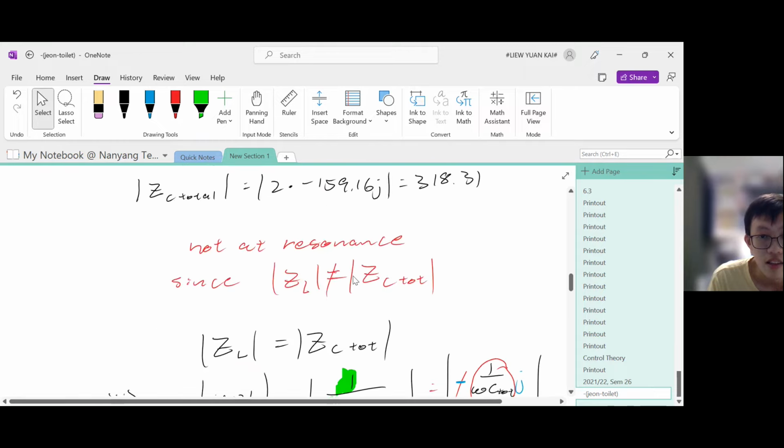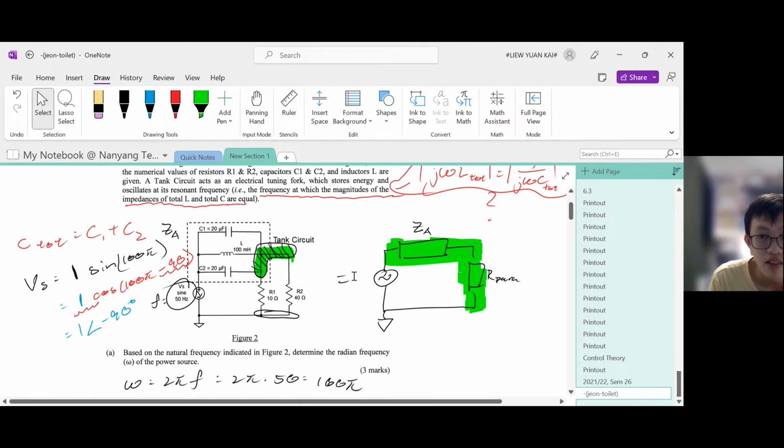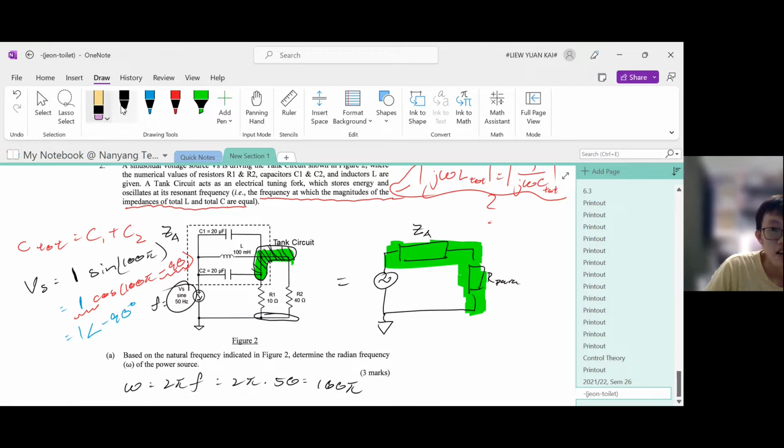Now, let us go back to the diagram. We want the voltage across R2, which means the delta V across these two nodes, right?